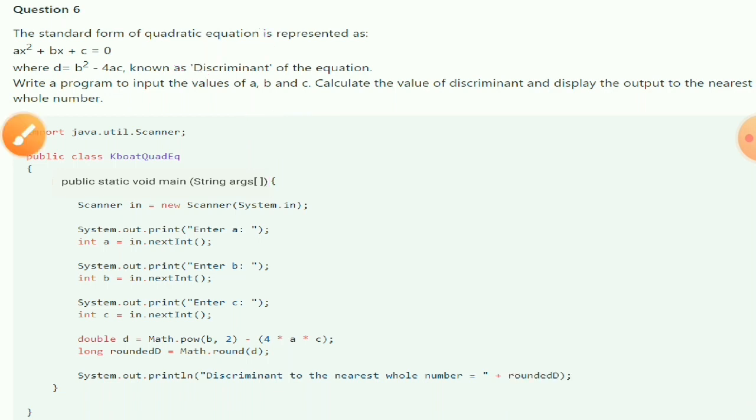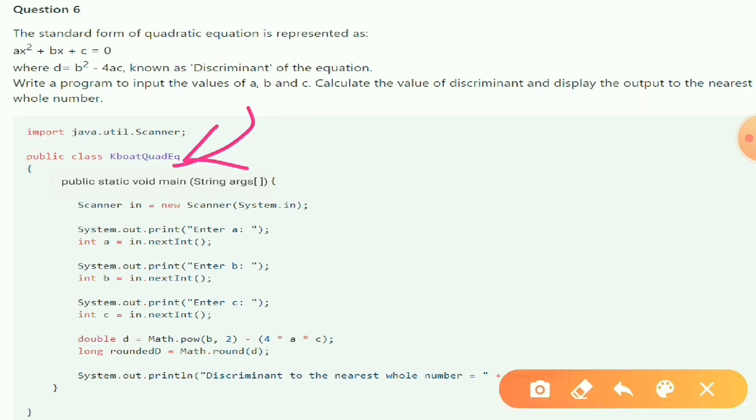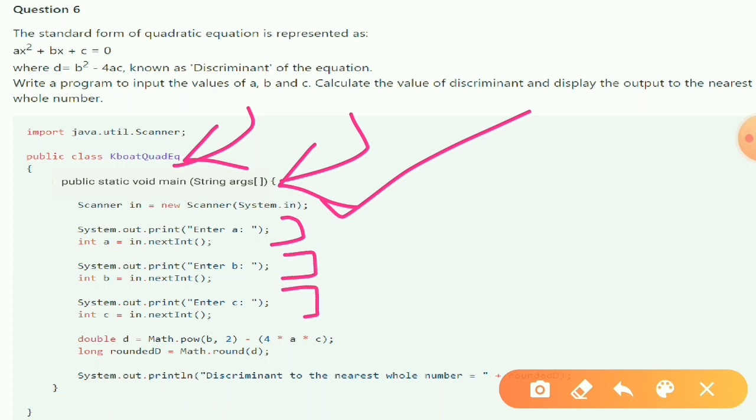So see over here, you have made a class, you have made this main function, then Scanner class for taking your input. Yes, the value of a from here, the value of b, the value of c, all the three values you have taken as input. Now simply we are going to apply this formula, b square minus 4ac. So your b square is what?